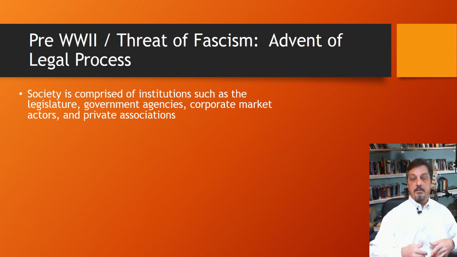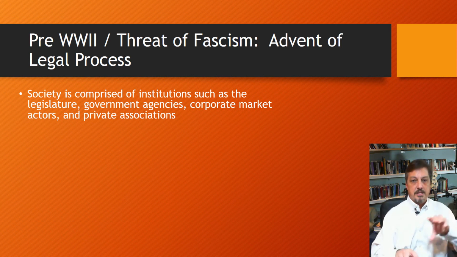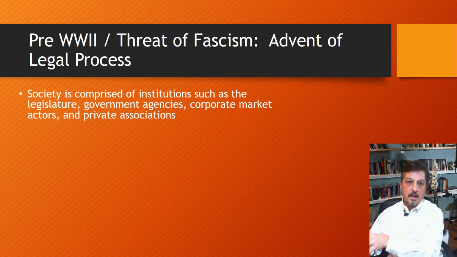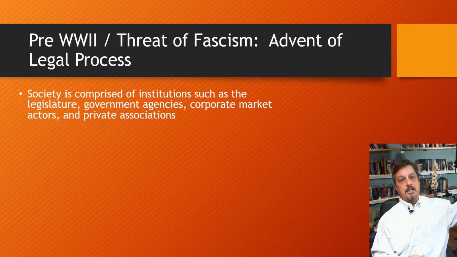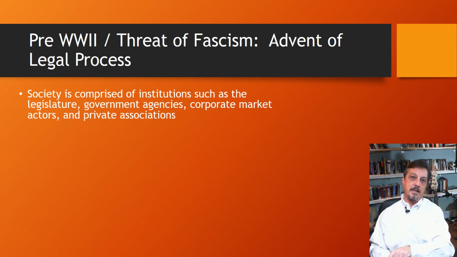You know, another piece of what happens during the New Deal is the rise of the administrative state at the federal level to a really significant degree. So you have these various agencies. You have legislatures. You have the executive. You have corporate market actors. Remember also that a piece of the history that's going on starting in the 19th century is the Industrial Revolution, and then the beginning of the rise of mechanization and the corporation.